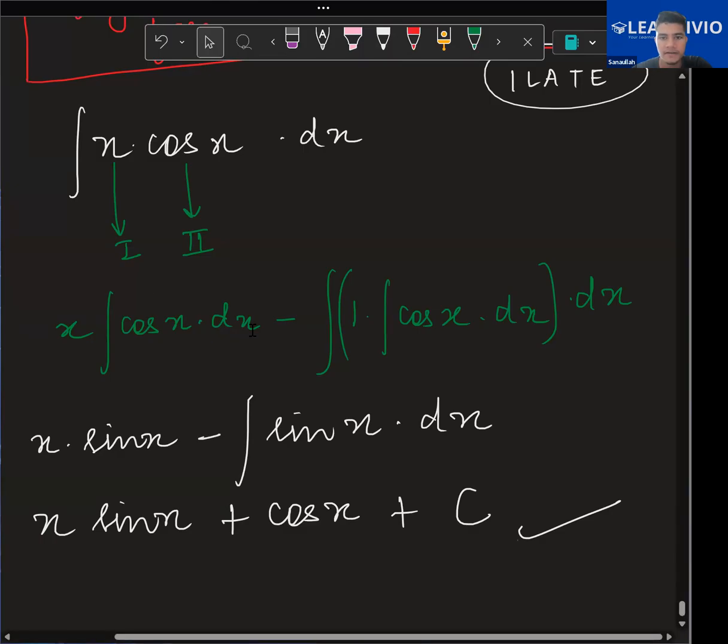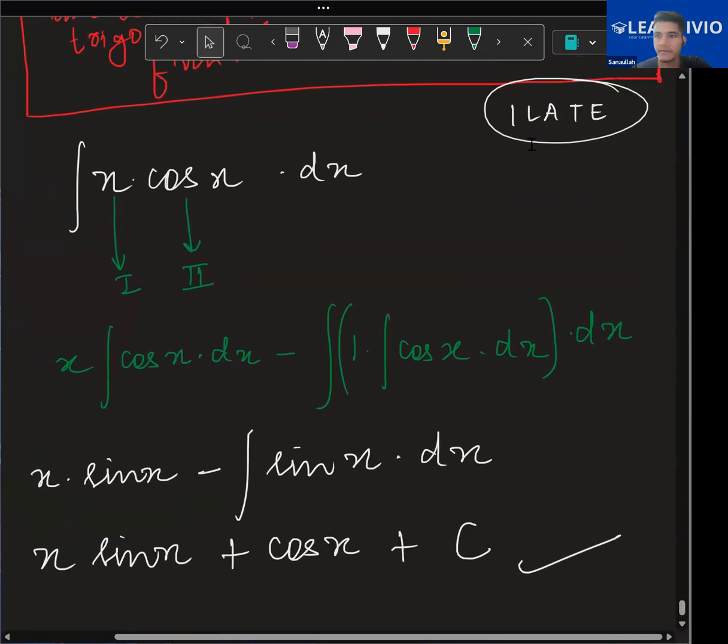देखो अगर आप सेकंड फंक्शन की जगह फर्स्ट फंक्शन मान लेते तो उससे आपका आंसर गलत नहीं आएगा, बट जो आपके पास फॉर्म आएगी दैट इज गोइंग टू बी मोर कॉम्प्लिकेटेड देन दिस फॉर्म. ठीक है, दिस इज ऑल्सो गिवन इन द एग्जाम्पल ऑफ योर टेक्स्ट बुक, एग्जाम्पल नंबर 17, where you have shown by using the other method, like if you have considered cos x as a first function, तो उसमें जो इक्वेशन आएगी that is going to be a little bit complex as compared to this one.